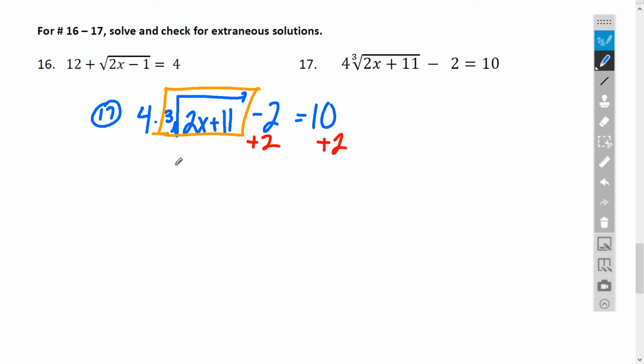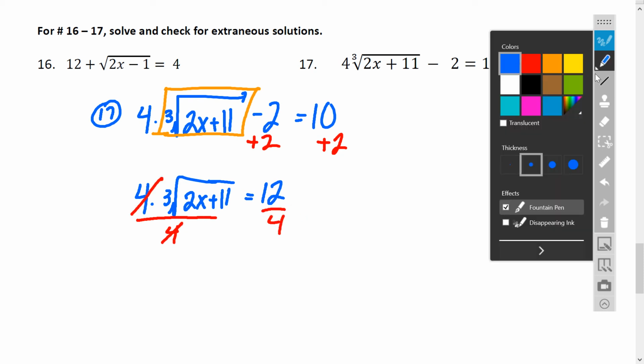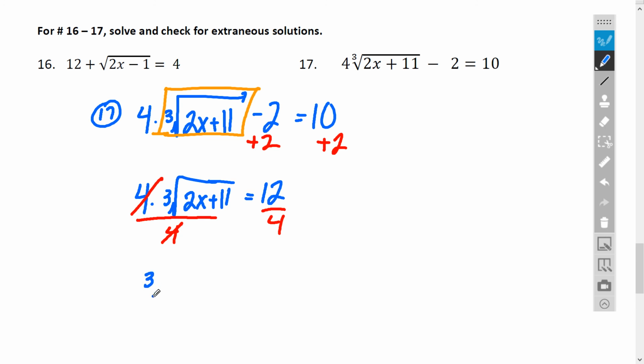So we'll add it. 4 times the cubed root of 2x plus 11 equals 12. And then we also need to get rid of the 4. That 4 is being multiplied, so to get rid of that, we will divide. So that gives us the cubed root of 2x plus 11 equals 3.